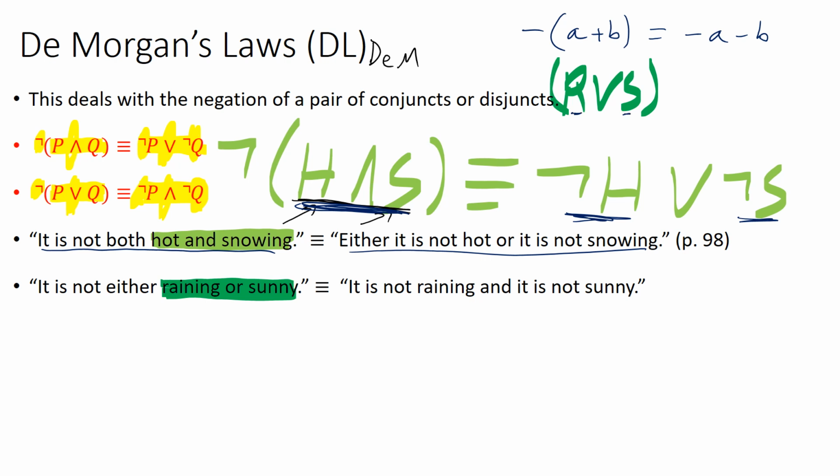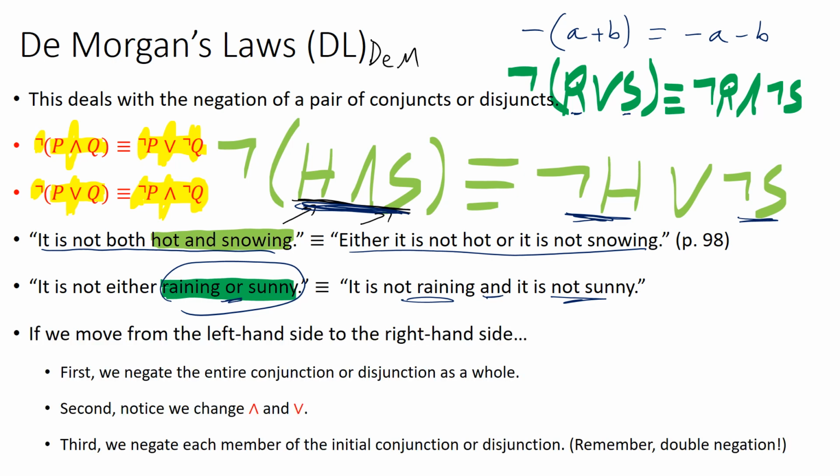But if we deny that and say it's not the case, what does that mean? What makes it not the case that it's either raining or sunny? Well, it couldn't be raining and it couldn't be sunny, so not R and not S. If it's not raining or sunny, then it must not be raining, it must not be sunny. So from this or to this and.